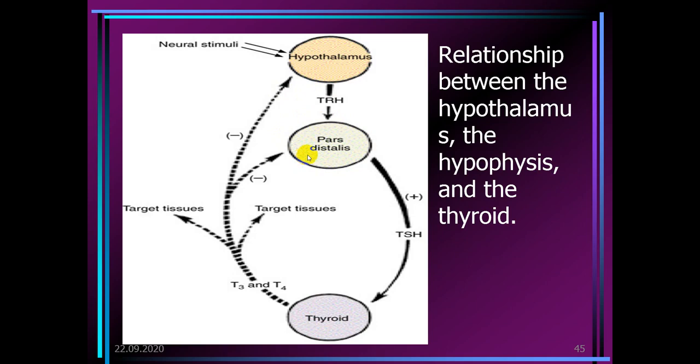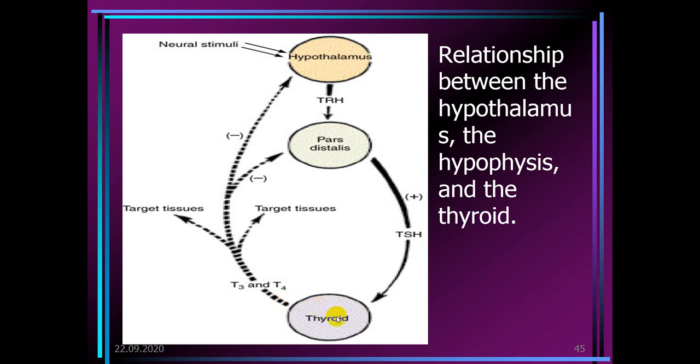These are basophils, and these cells stimulate the production of thyroid-stimulating hormone, so-called thyrotropin. This thyrotropin influences the follicles of the thyroid gland, especially thyrocytes, which increase or decrease the production of the T3 and T4 hormones.